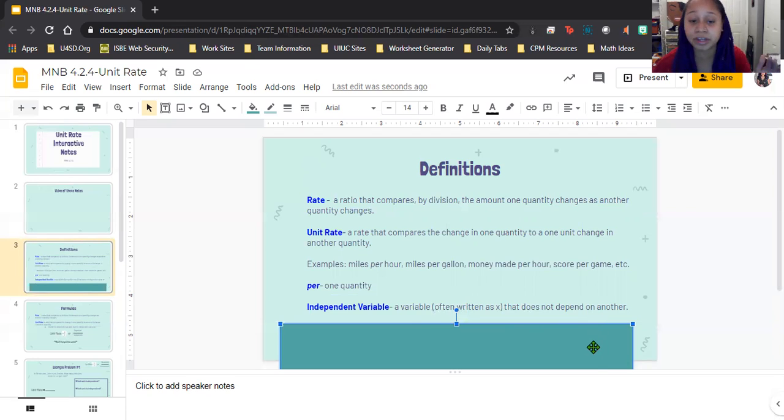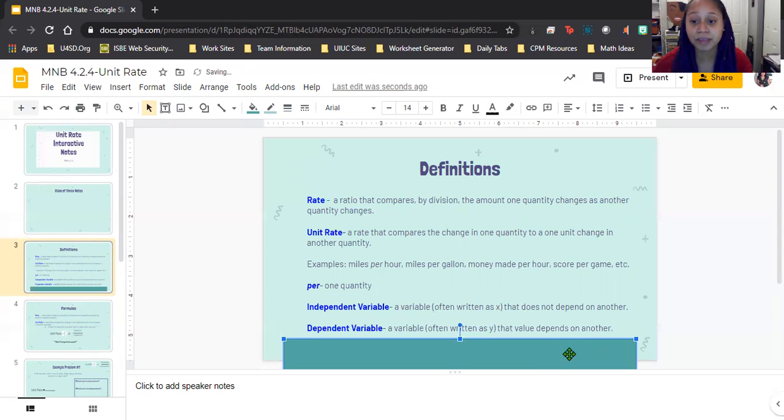It's on its own. The dependent is the opposite, and that's a variable that's written as y. That's the output part of your table, and that value depends on another. So the dependent variable depends on the independent variable. Without the independent, there is no dependent, basically.